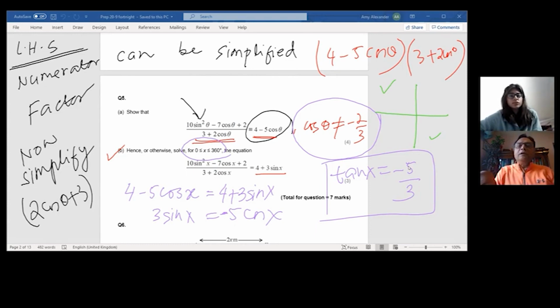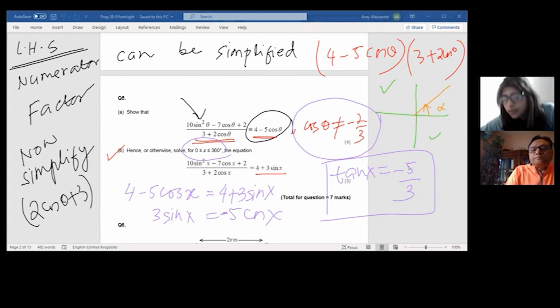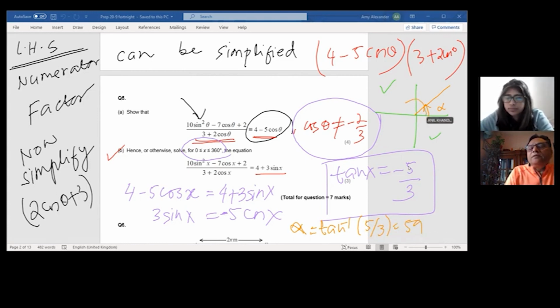If you want to find it, you can find the related acute angle alpha, which would be tan inverse of 5 by 3. Tan inverse of 5 by 3 is 59 degrees. So the values will be 180 minus that, which is 120.96, so 121 degrees.